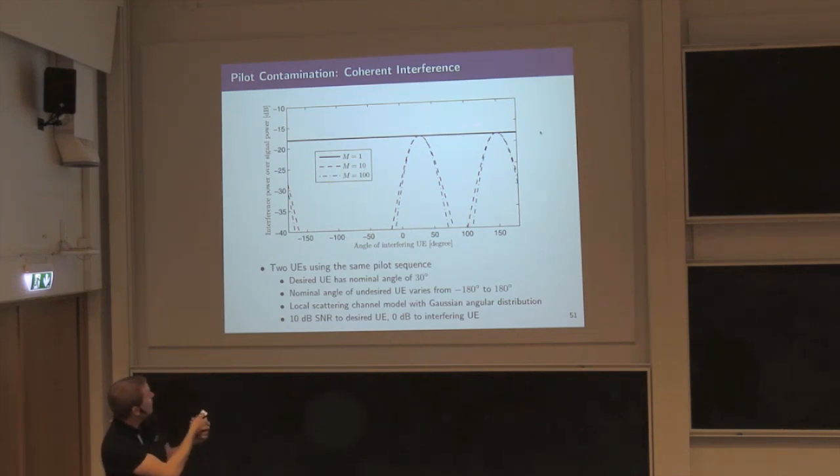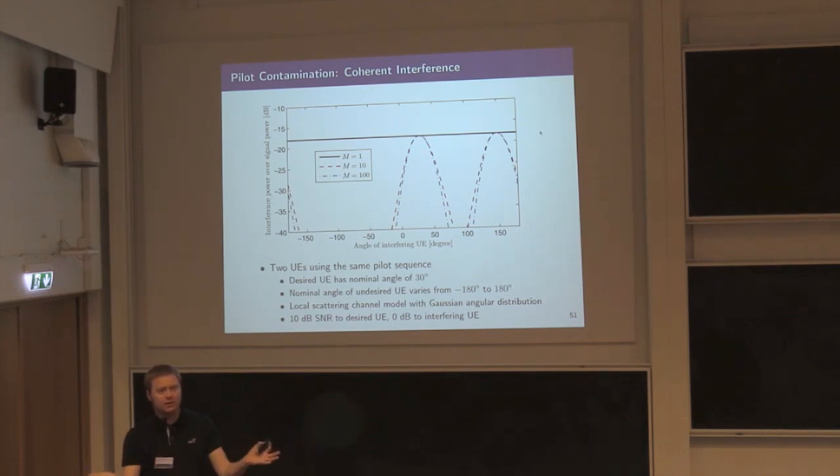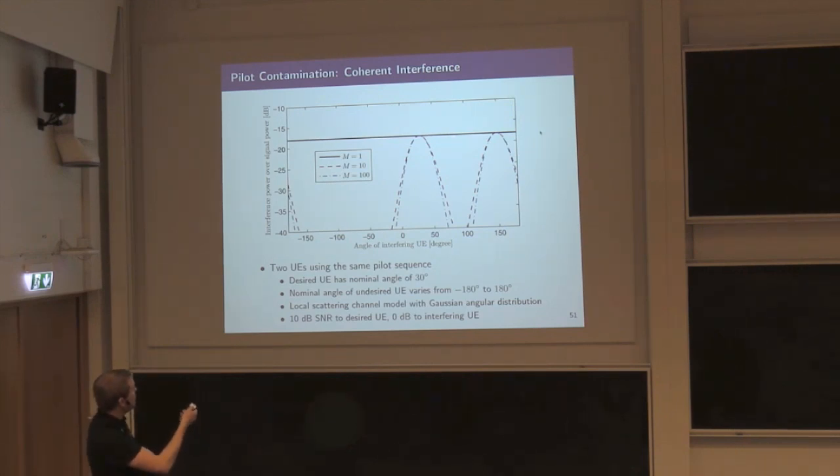You will be here all the time, because it's only the path loss that is important, not the angular differences. So the coherent interference that you get here is never worse than in the IID Rayleigh fading case. It can only become better because of you having different covariance matrices.